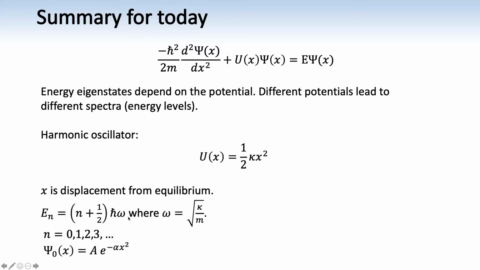So it carries over here, but the energies will be quantized. We are going to see that a function like this, a e to the negative alpha x squared, will solve the Schrödinger equation, and it is going to be the ground state of the harmonic oscillator.